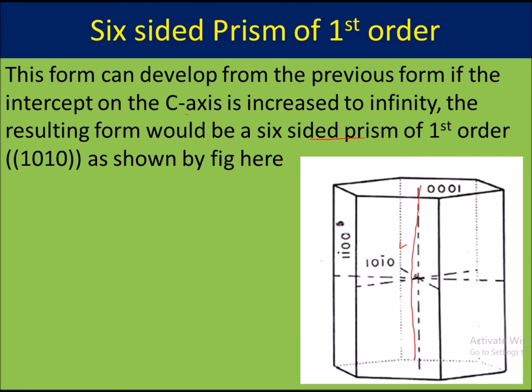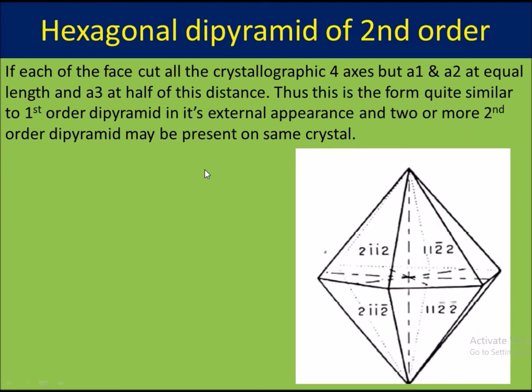So if this is the common axis, you can see all the faces are parallel to this axis, and this form is grown from the previous form. So it will also cut these two axes. So this is about the 6-sided prism of first order.